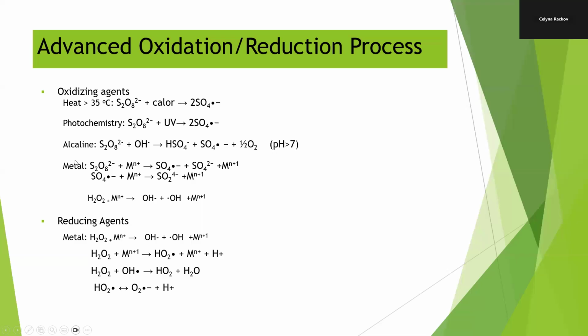Or also heavy metals, so using the persulfate or hydrogen peroxide with metals. The persulfate will make the sulfate radicals, and the hydrogen peroxide will make hydroxyl radical, right? So these techniques are to make oxidizing agents. For example, you have hydrogen peroxide with metal to make this hydroxyl radical.